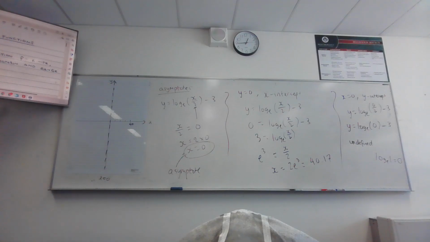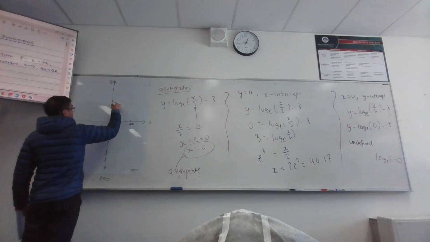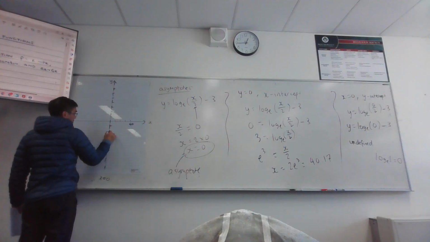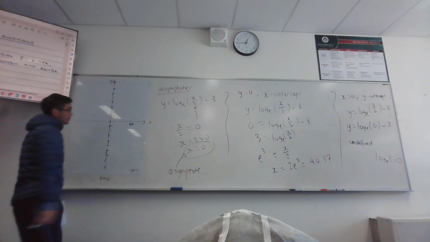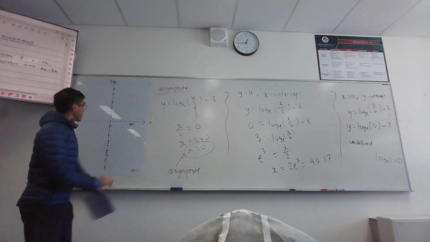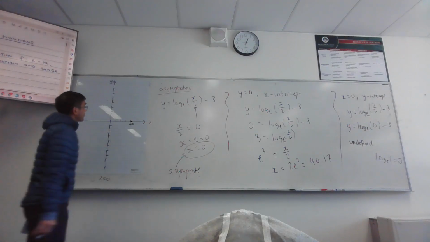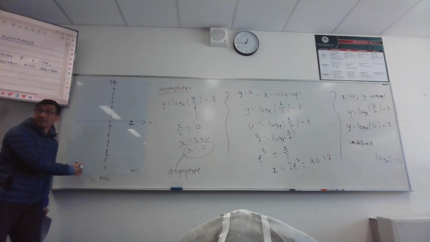Adjust the scale as need be. Because our y values aren't that big, we can go up and down as normal. So 4, 0, x-intercept there. There is no y-intercept. It's like an invisible wall that you can't get through.